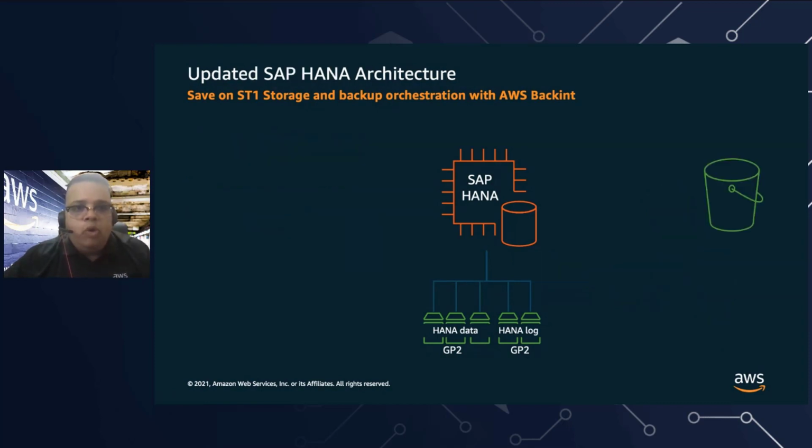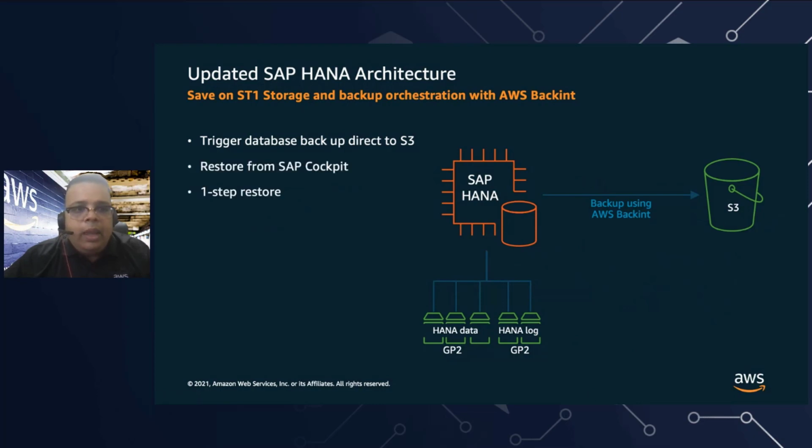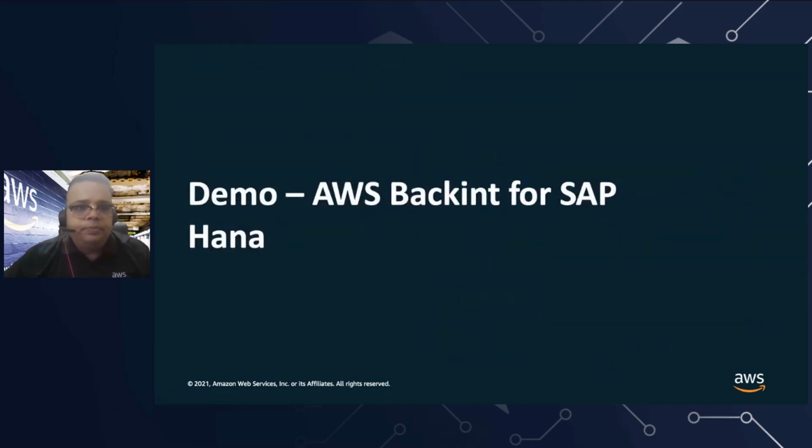So more time, more complexity. With the AWS backend agent, you are backing up directly to S3, and it's a one-step restore as well when you are doing the restore. And then you can use S3 lifecycle policies to move from one S3 storage type to another. For example, after a certain period of time, you can push it to S3 Glacier. That way, you can do a lot of cost savings.